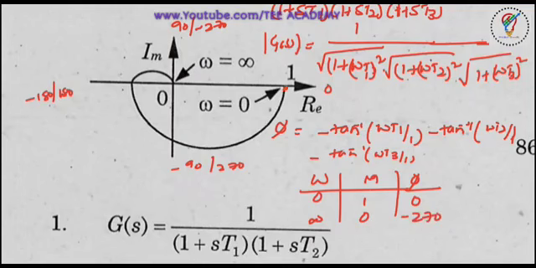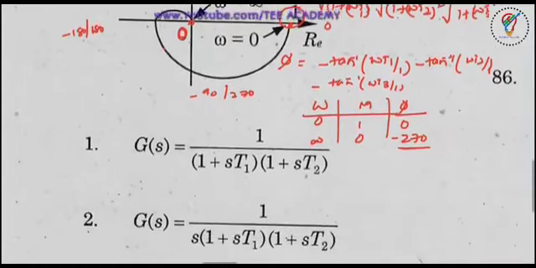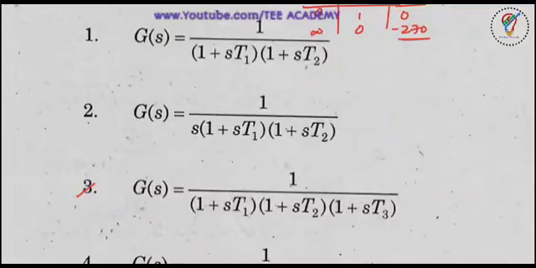When the magnitude is 0, the phase angle is minus 270, so the curve will reach the minus 270 axis here. Like that you can check all the other options and you'll get the answer as 3 only.